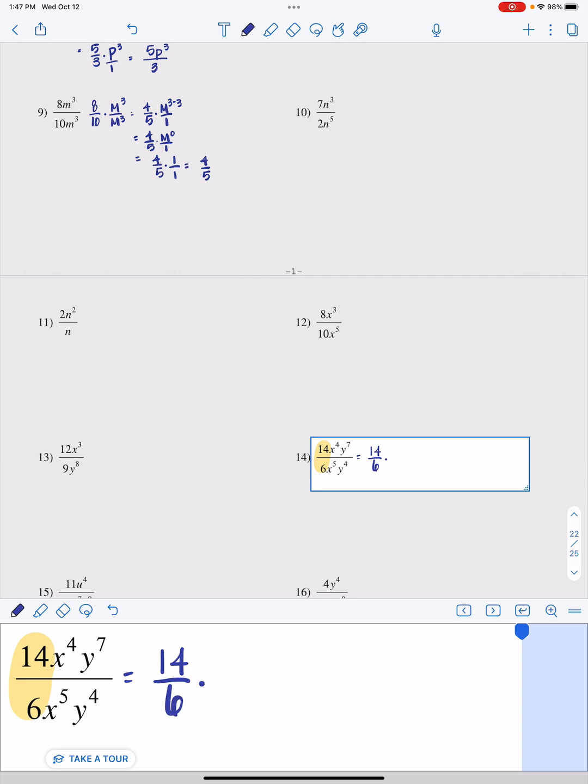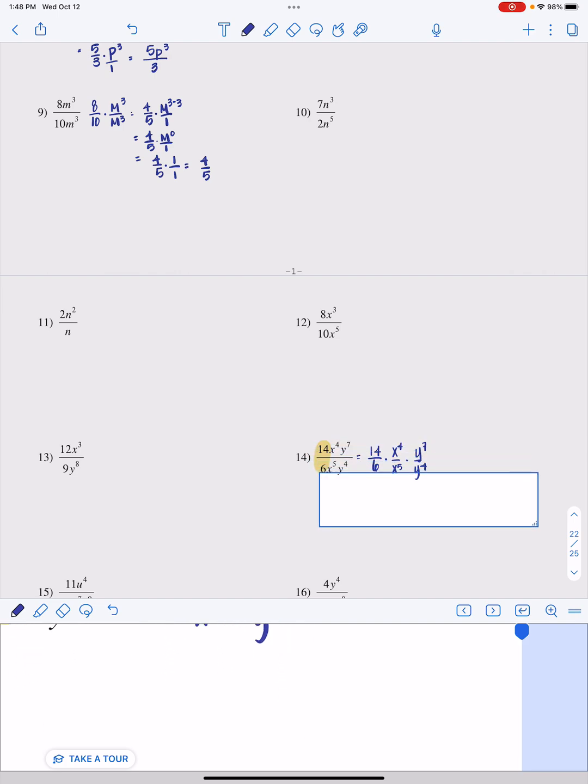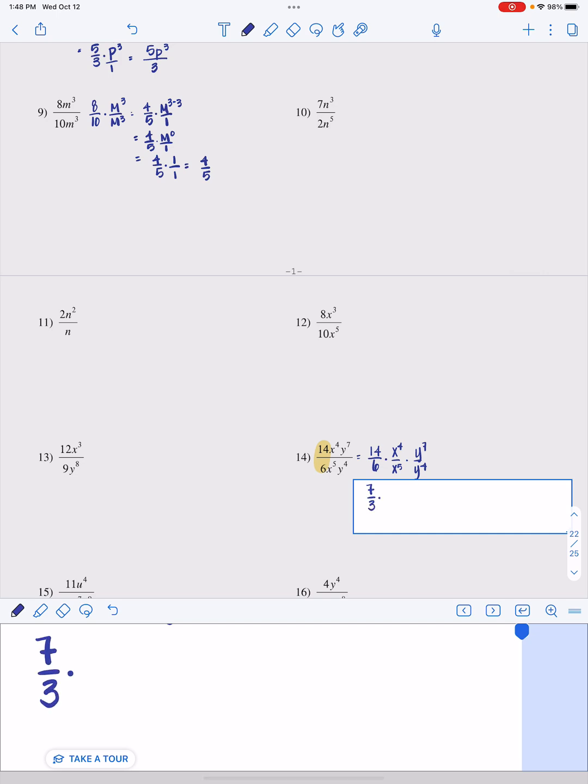I'm going to do x over x, so I get x to the 4th over x to the 5th, and y to the 7th over y to the 4th. 14 over 6, if I reduce by 2, I get 7 over 3.